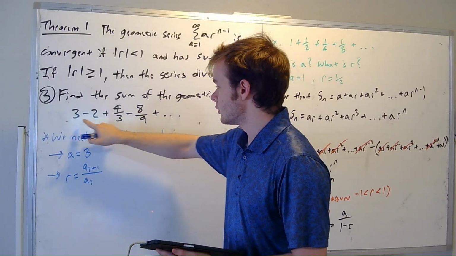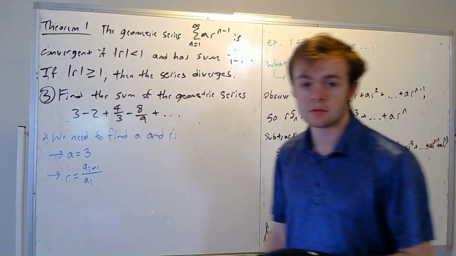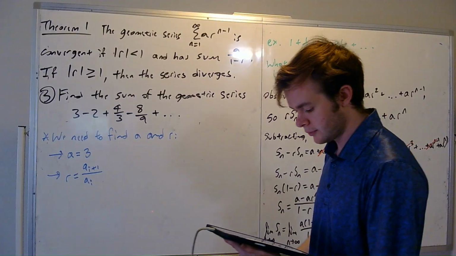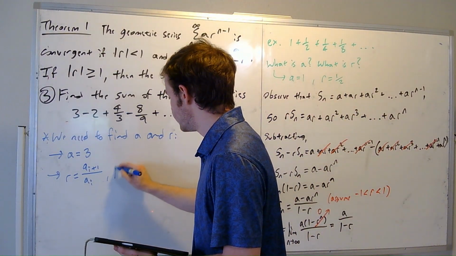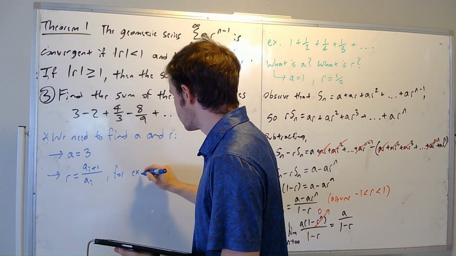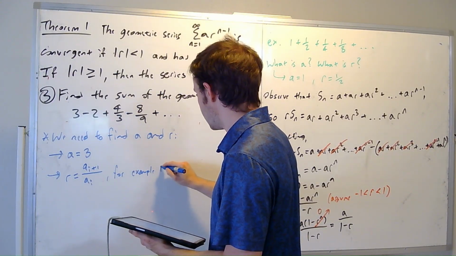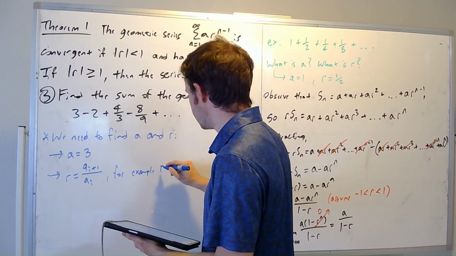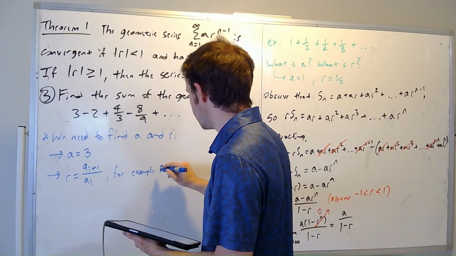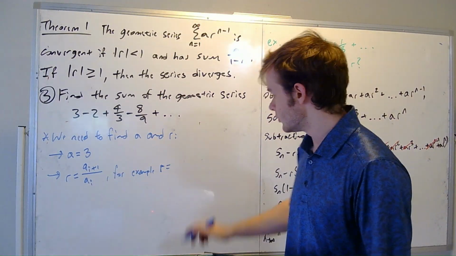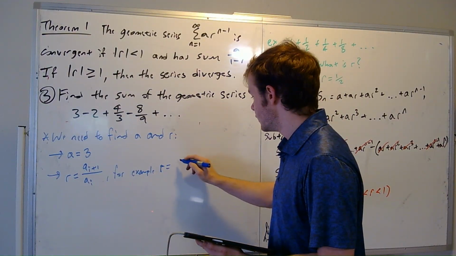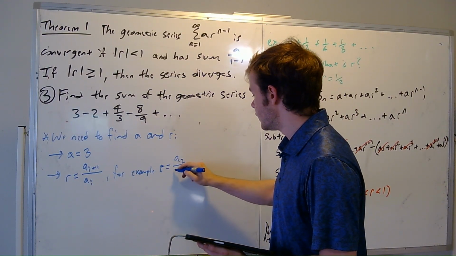So it's just take this term divided by the previous term, that's going to give you the common ratio. So for example, r equals, so we said whenever we have a sub i plus 1 over a sub i, we'll just let i equal 1, so a2 over a1.